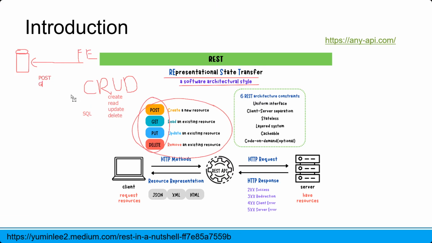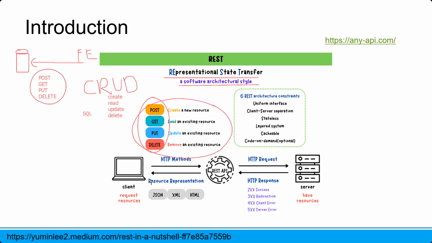Get means we are going to read the existing resource. Put means we are going to update the existing resource. And delete means we are going to remove the existing resource. The function is the same as CRUD, but the name is different. Okay? So only the name is different from CRUD.